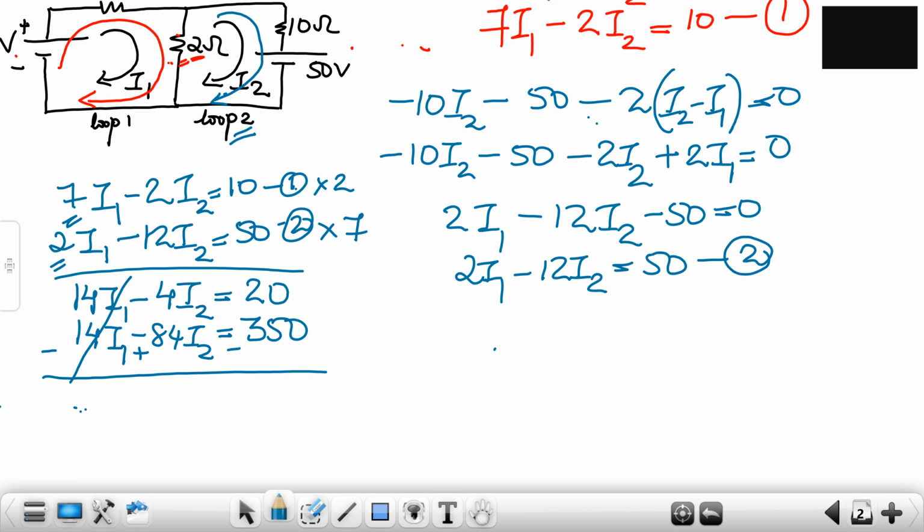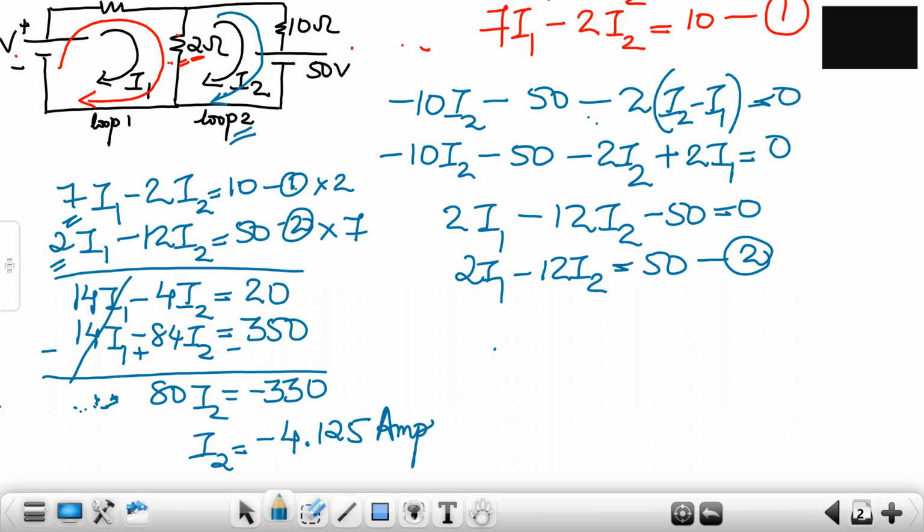I1 gets eliminated. What you get is 80I2 is equal to minus 330. So I2 is minus 4.125 amperes. That is your I2 current.